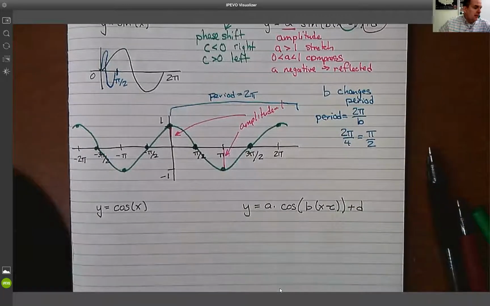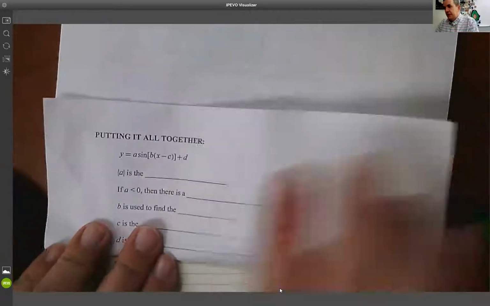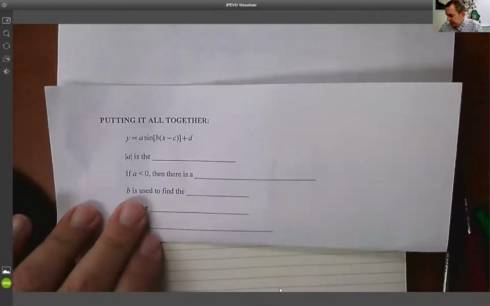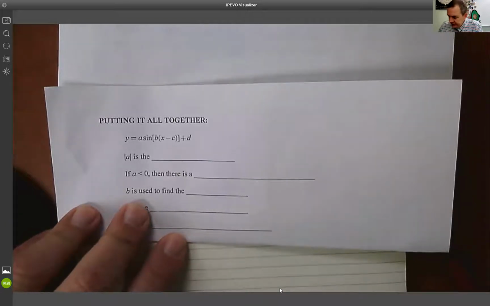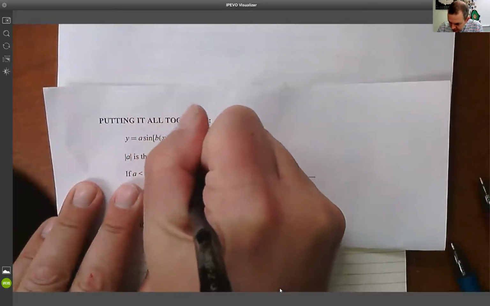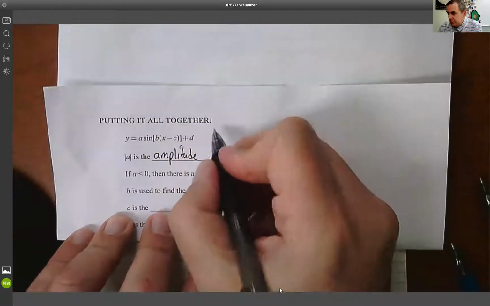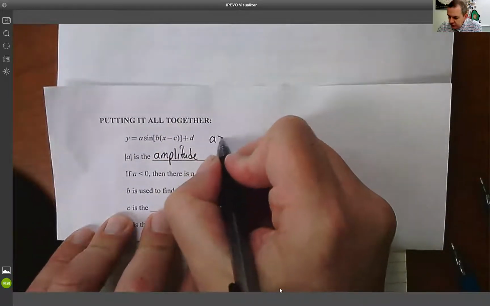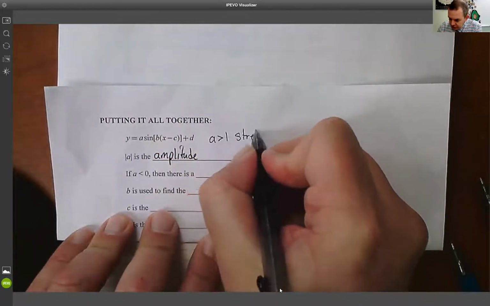So again, what we talked about in class was this. What we had was this right here. This is how I'll wrap it up. What we know is that A is the amplitude. And what we knew about the amplitude was the following. If A was greater than 1, it was going to be a stretch.